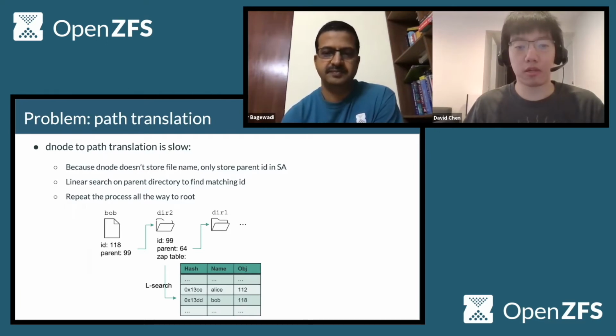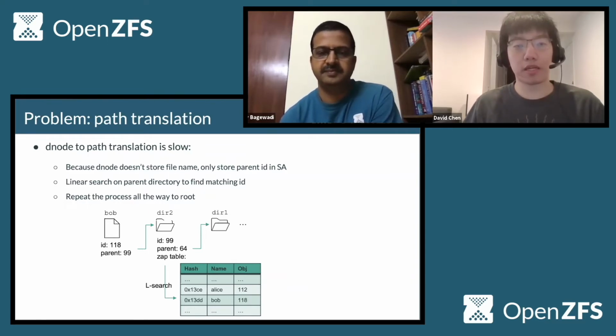So it figures out that the file name is Bob. This operation needs to repeat all the way to the root directory, so it can figure out the directory name of the parent, then the directory name of the grandparent, and so forth.